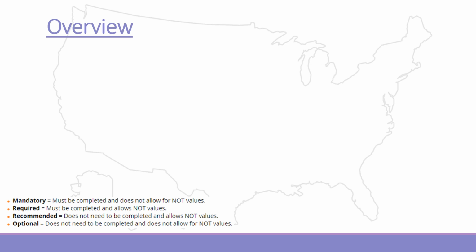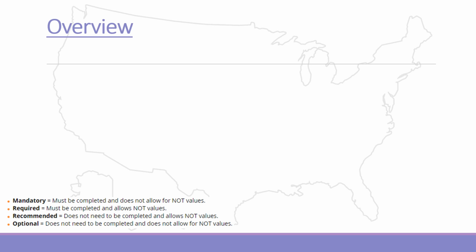So you have to choose from a list, or you have to enter text, and there aren't any not values. There may be pertinent negatives in some cases, but there aren't any not values like not applicable or not recorded. A required element is something for which an entry is required, but it does allow not values.